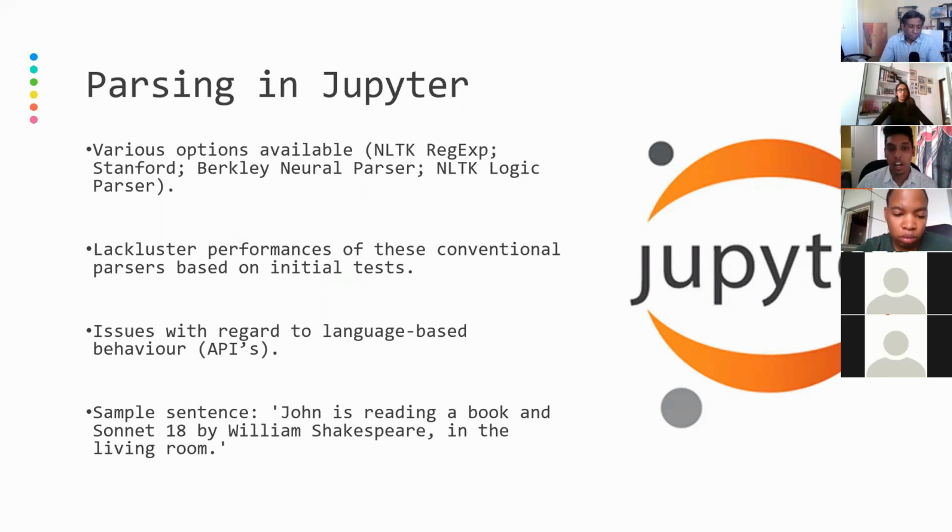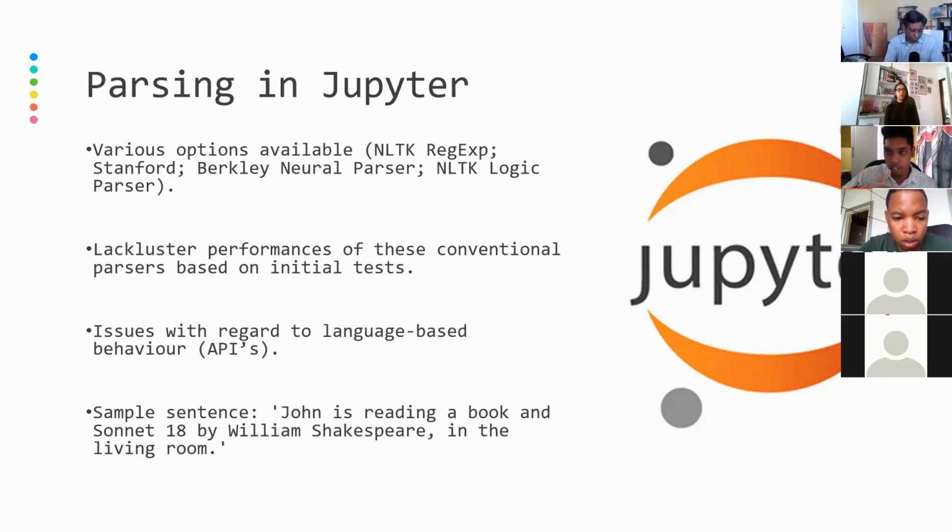What I noted was that for the particular purpose which my research looks for, they didn't perform as well when initial testing was done on them using strings which would typically be found in our particular Chemicals Without Borders project. And these issues, as far as dependency classification and entity recognition, when extrapolated to large-scale language-based behavior, if you're looking at databases and large data sets, were quite significant problems as well.